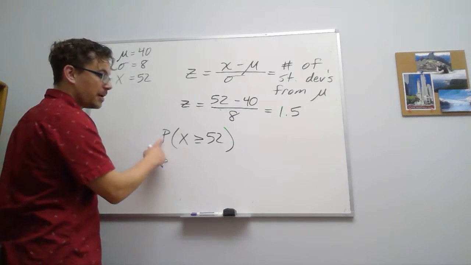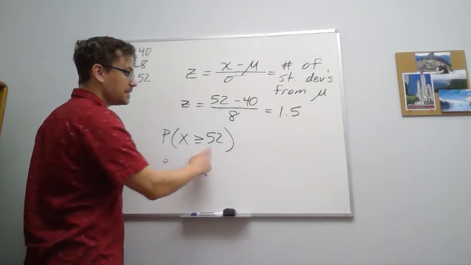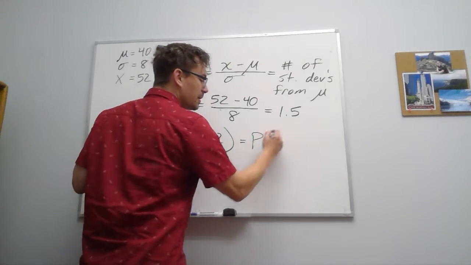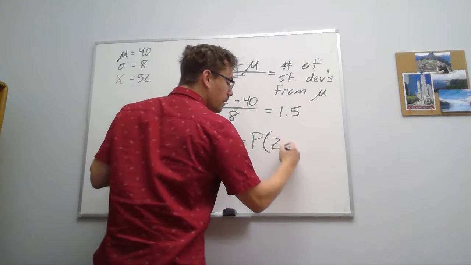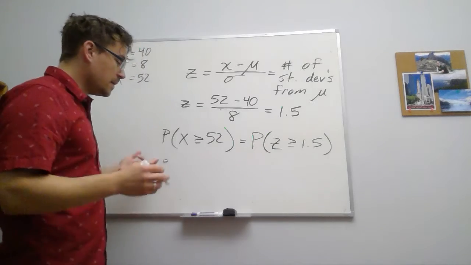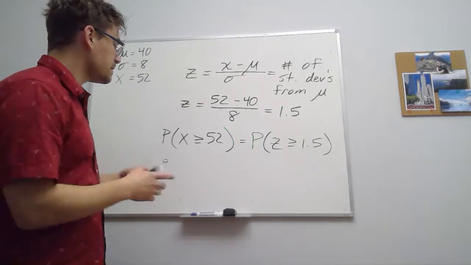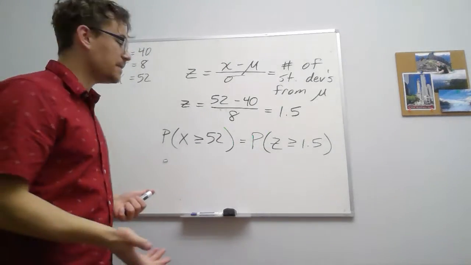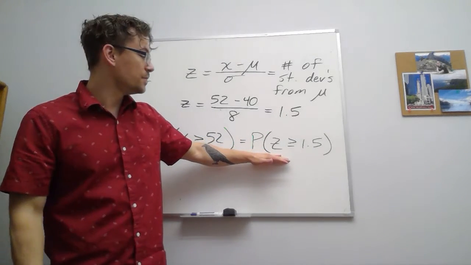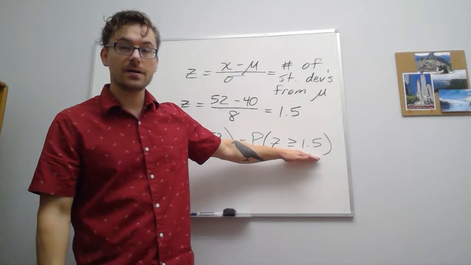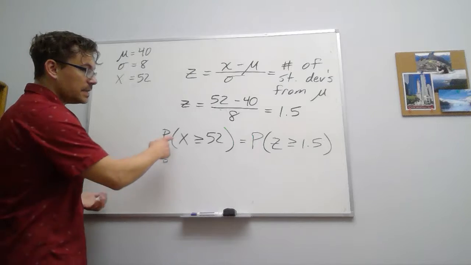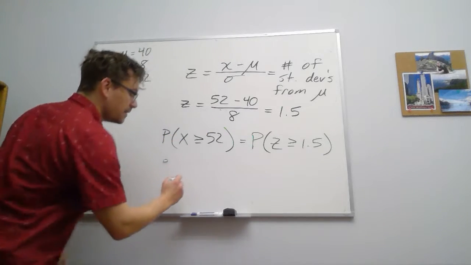Another way to say this would be, what's the probability of getting a z-score of at least 1.5? The only difference is that we can calculate them slightly differently. Certainly we have our table that allows us to start from a z-score and find a probability. But these two, if we visualize them, look very similar.